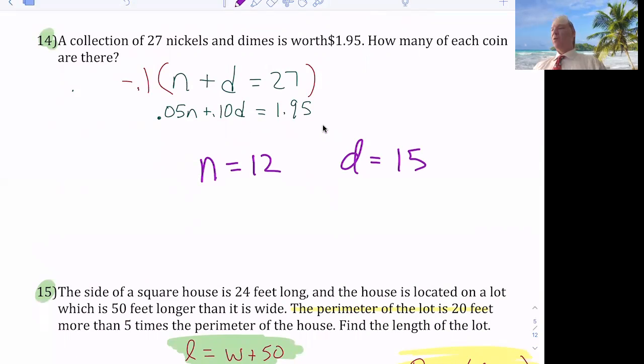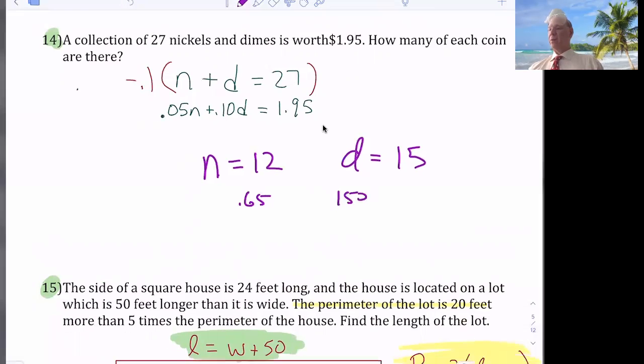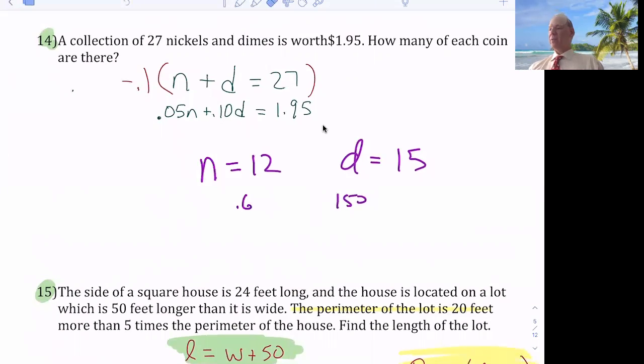So if you have 12 nickels, that would be 60 cents, and 15 dimes would be $1.50, which would be $2.10. So what did you get?